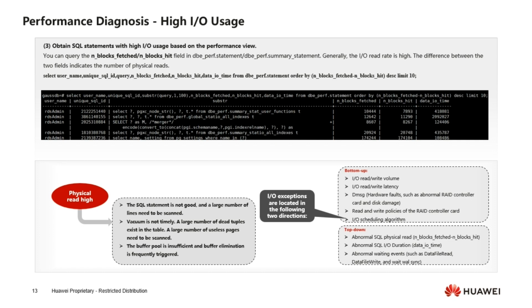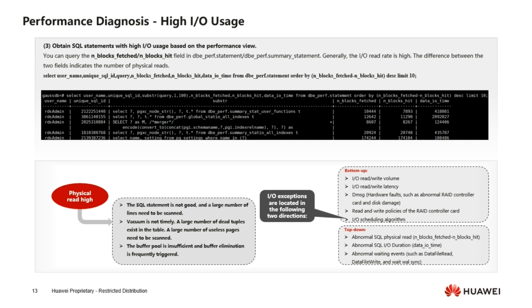If we use AStore for table storage, it can also be that the vacuum works have not been done on time, which led to a large number of dead tuples. Then we will need to scan a lot of unused pages. Or the buffer pool size is too small, so that we will need to do the page replacement frequently.